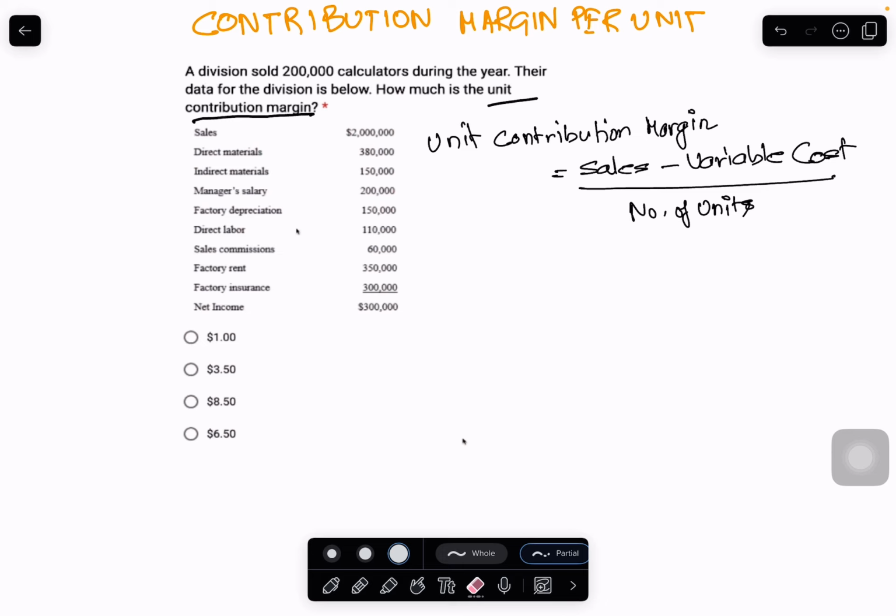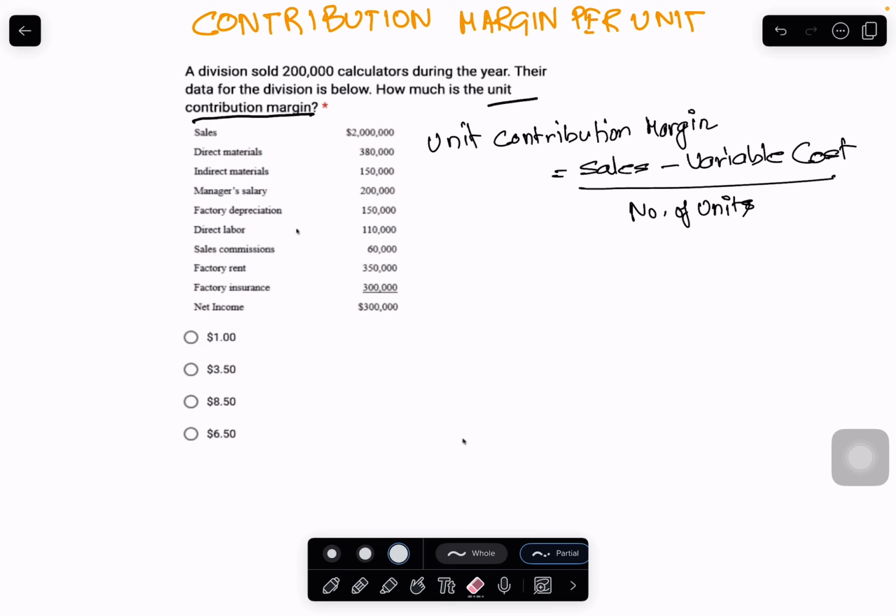For example, if you make 1 unit of sales, you will incur a sales commission which you have to pay to the sales agents. There are also other variable costs like direct materials and indirect materials, which change in alignment with, or have a direct correlation to, the number of units sold.